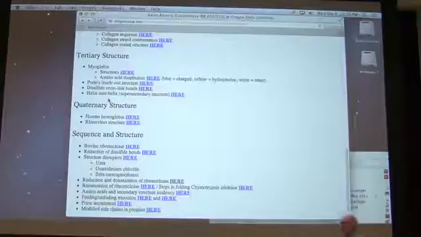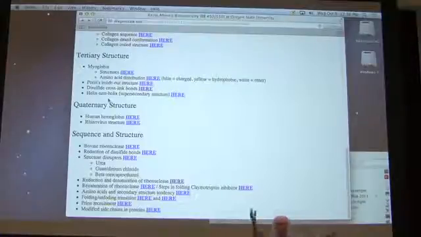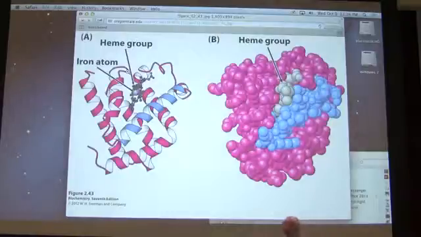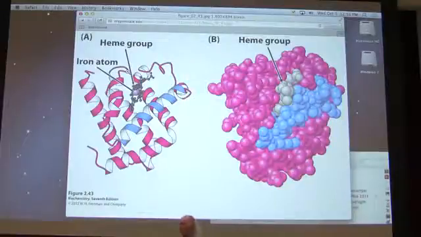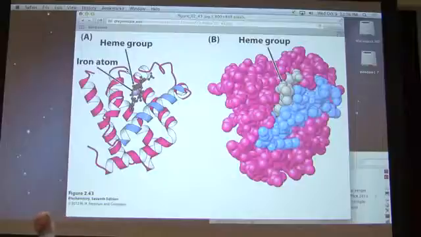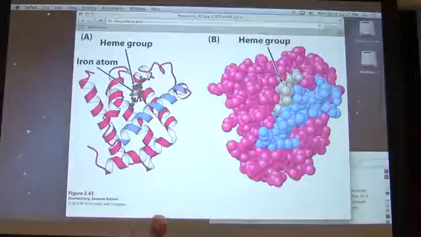Tertiary structure interactions are happening between amino acids that are farther than 10 amino acids away, because if I have a very large unfolded protein like I have with myoglobin, I could imagine that this might be amino acid number 6 right here, and this might be amino acid number 60 over here, and that's more than 10 amino acids apart, yet they're close enough to interact, and that interaction helps to stabilize them. So tertiary structure interactions are happening between amino acids that are not close in primary sequence.